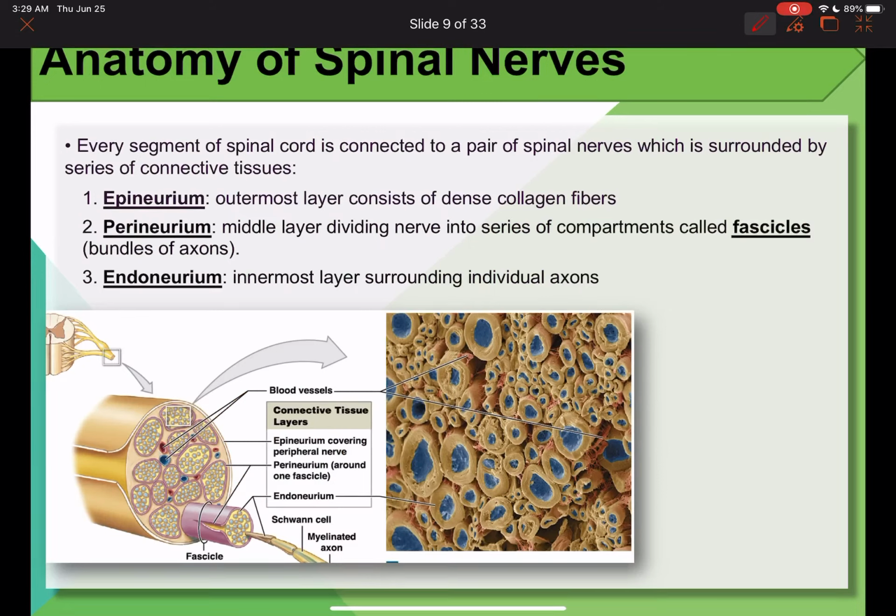Now we talked about how every segment of the spinal cord is connected to a pair of spinal nerves, and these spinal nerves are organized in a similar fashion to skeletal muscle fibers. So here it goes, talking about organization again. You have an outermost layer called the epineurium that contains your bundles of axons called fascicles.